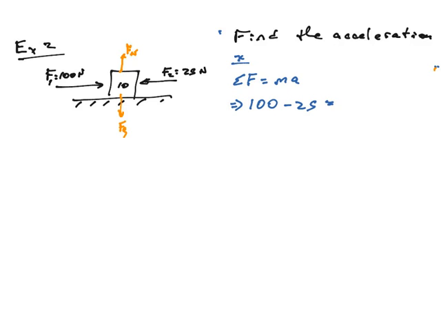Set it equal to mass, 10, times acceleration. And there we go. Here's my equation, solve for A. So of course 100 minus 25, that's 75, equals 10 times A. That tells me A must be 7.5 meters per second squared.